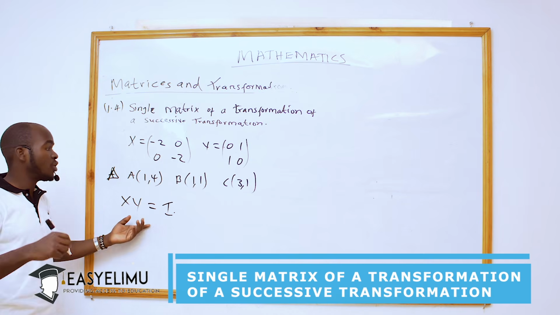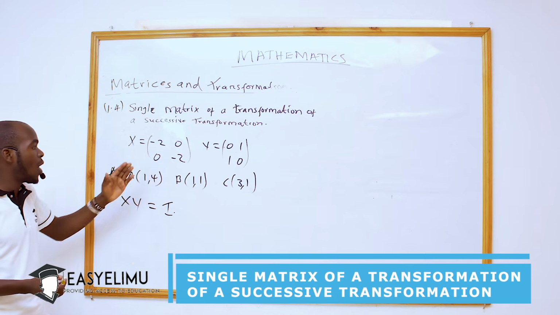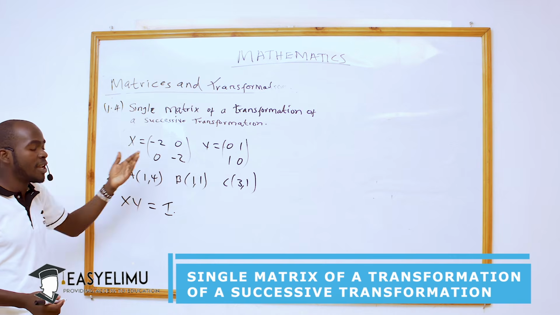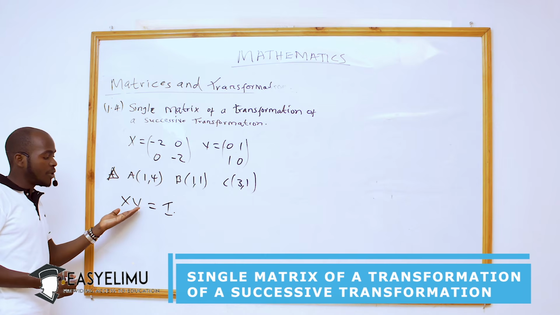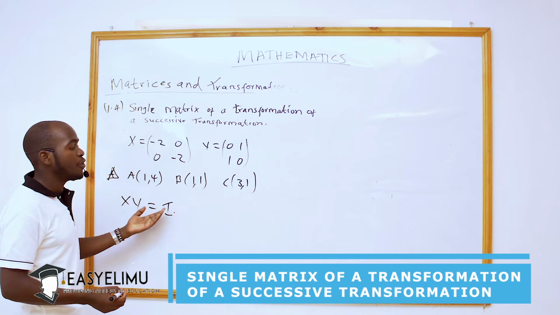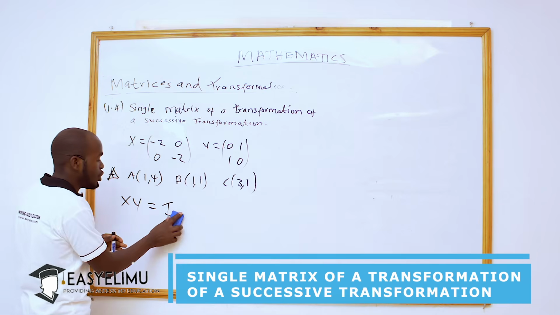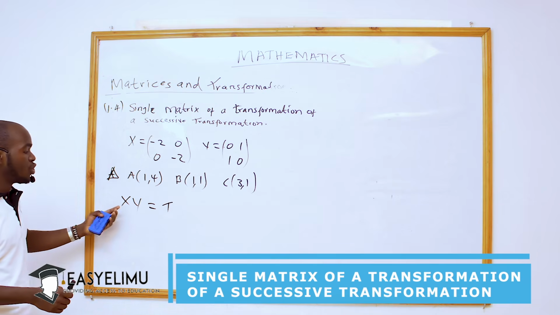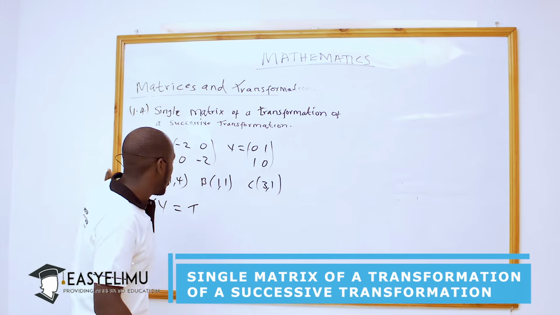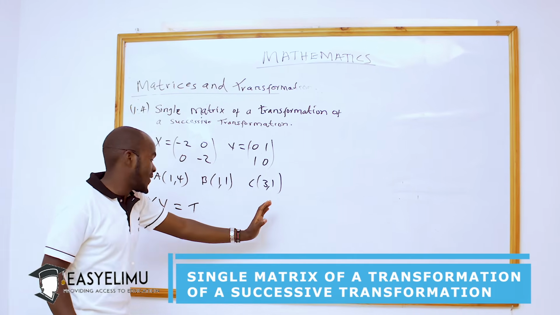But in our previous session, we said if we are transforming directly to a triangle, we start from the right-hand side to the left. But if you want to find a single transformation, you will start this way, from the left-hand side going to the right-hand side.